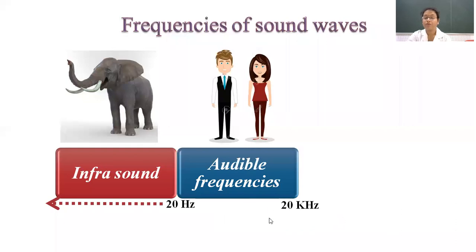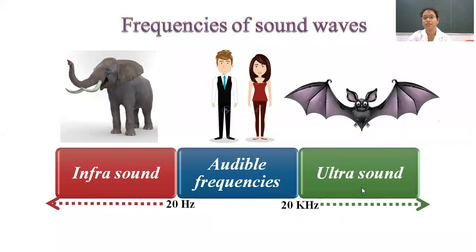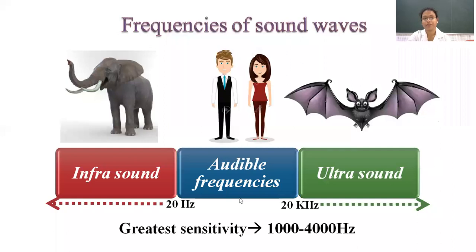Sounds with frequency more than 20 kilohertz are known as ultrasounds. As we all know, bats have ultrasonic acoustics. And the greatest sensitivity for humans ranges between 1000 and 4000 hertz. Though the range is from 20 hertz to 20 kilohertz, the greatest sensitivity is from 1000 to 4000 hertz.